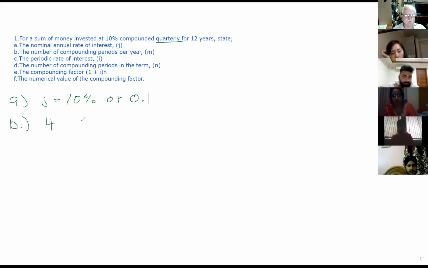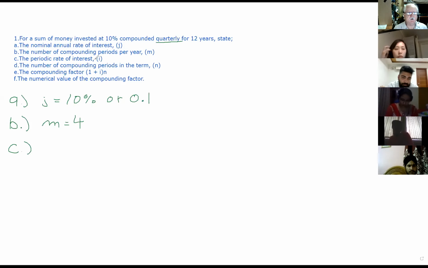That's referred to as M in these formula sheets. M equals 4. If it was semi-annual, it would be 2. If it was monthly, it would be 12, right? It's just the number of times this is compounded in a year. But if it's quarterly, it's 4.